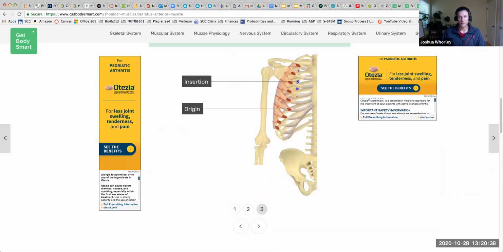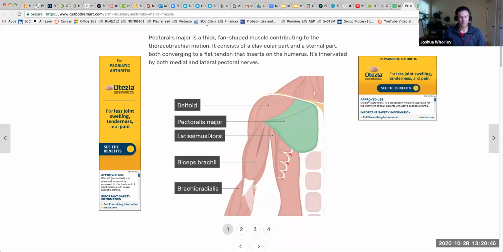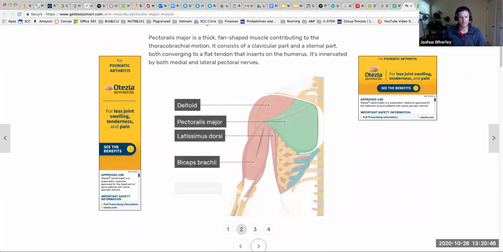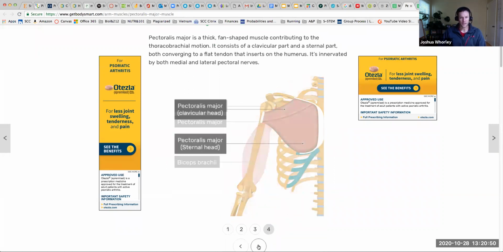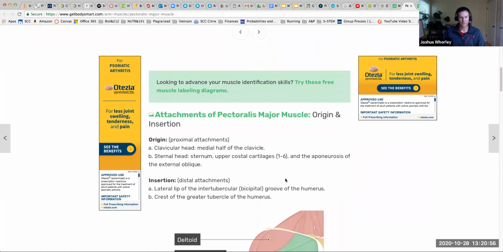Let's look at the pectoralis major and minor. So here's our pectoralis major. And we can pull it away and see there's our big fan-shaped convergent pectoralis major.